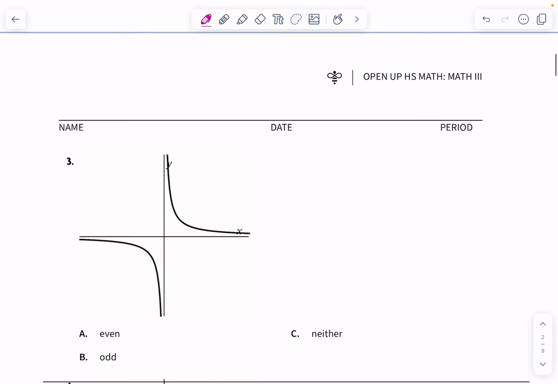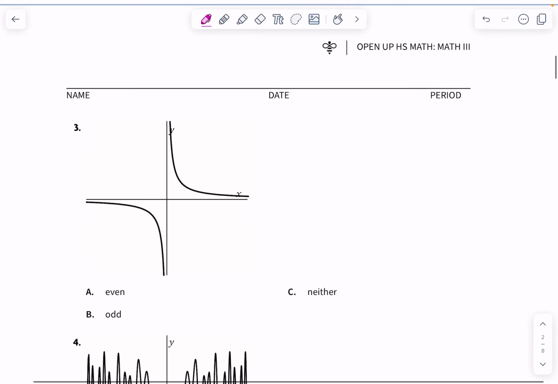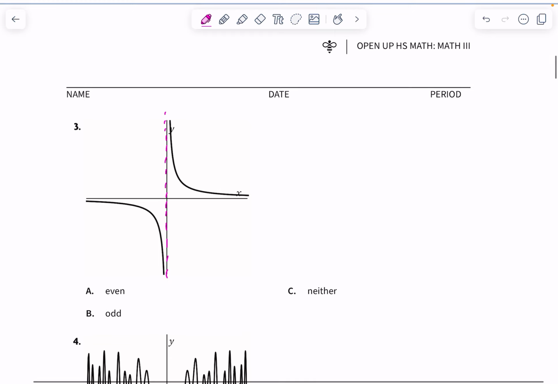Let's go to three. Again, drawing my little y-axis there. If I fold this, it's not going to be even, because I'm folding this, and what is it going to tag along with? Nothing, air, completely empty. So I can't do that.